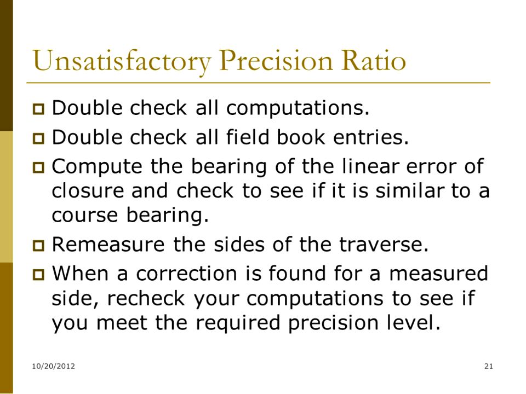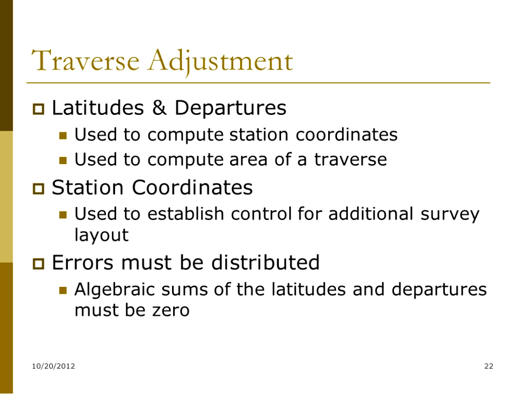If you still can't find the error, you're going to have to remeasure the sides of the traverse. And when a correction is found for a measured side, recheck your computations to see if you meet the required precision level. So in other words, you don't have to do the entire thing all over again. Just see if you can track down the side that seems to be causing the biggest problem, fix it, and see if you're now within tolerance.